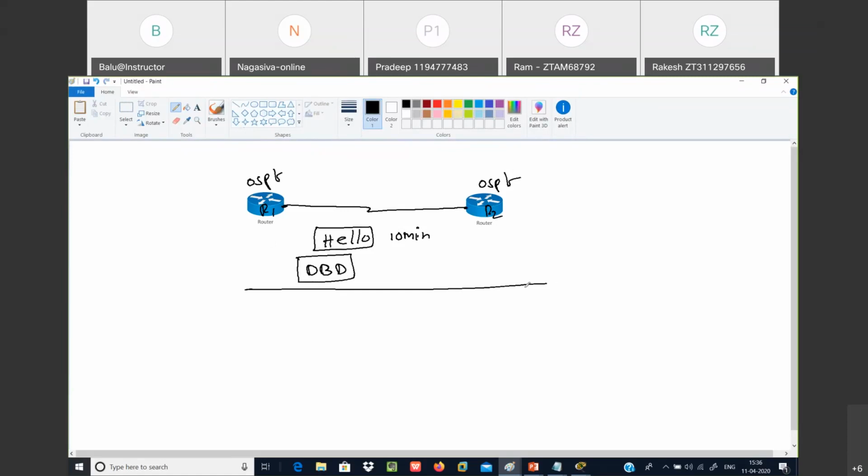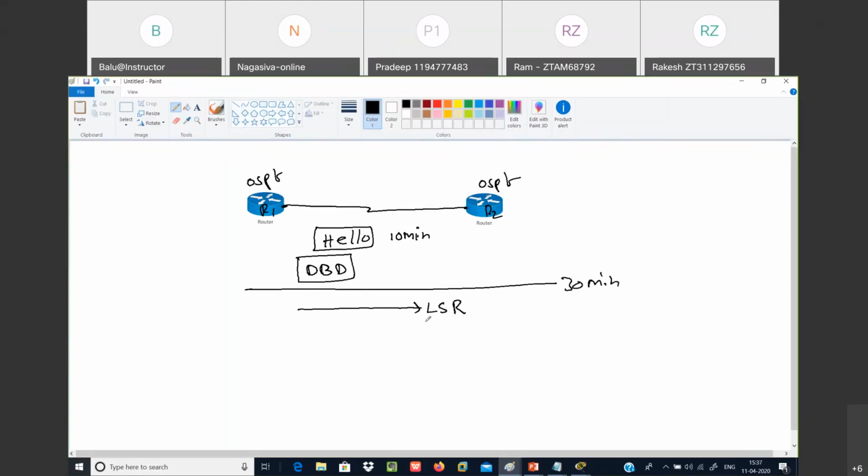After 30 minutes, R1 is going to send information to R2. R1 sends one packet to R2: hello R2, do you have any new updates? He's asking the question. To ask the question, it sends one packet called LSR, link state request. It's asking the request: hello router 2, do you have any new updates?